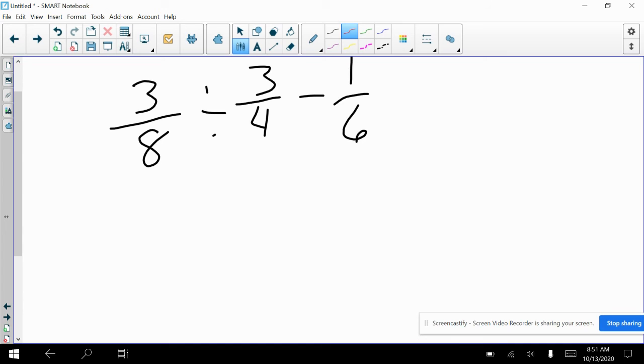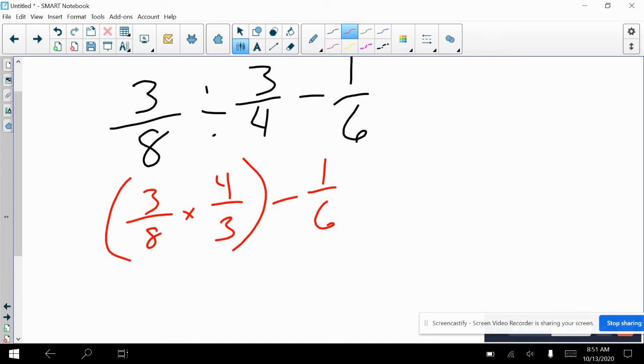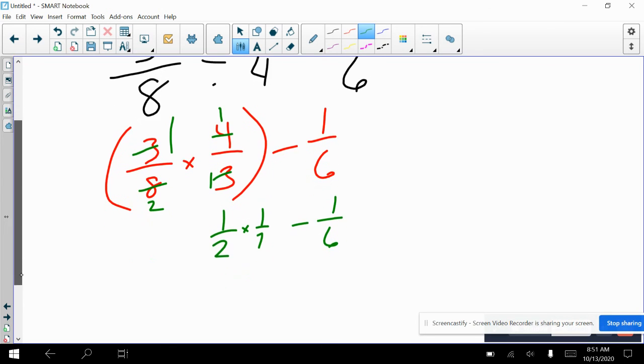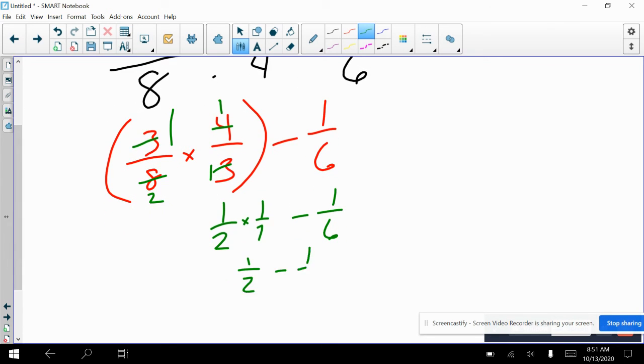All right, what'd you get? All right, we have 3/8. We multiply by the reciprocal. Anytime you have a division sign, we flip the number behind it. We look to cross reduce, which makes it 1/2 times 1/1 minus 1/6. 1/2 minus 1/6.